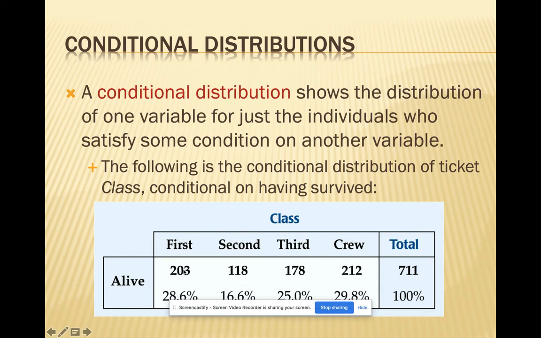So here's our counts, and below you'll see our percents. So for instance, for the alive first class ticket holders, you do 203 divided by 711 times 100%, and you get 28.6%. And then 16.6%, 25%, and 29.8%.